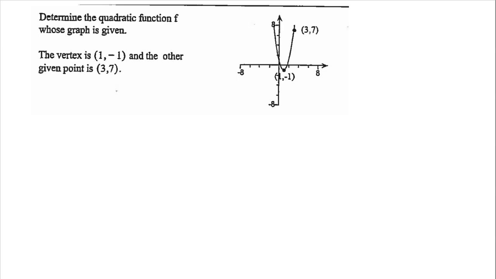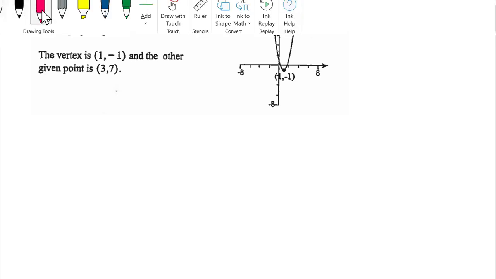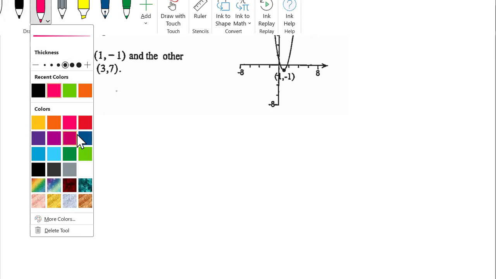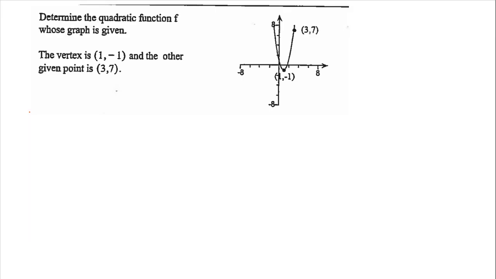Okay, so we're going to use the vertex form again for this problem. And our goal again is to solve for a. So we have f of x is equal to a times x minus h squared plus k. All right. And so they tell us that the vertex is 1, negative 1. So that's our h, k.